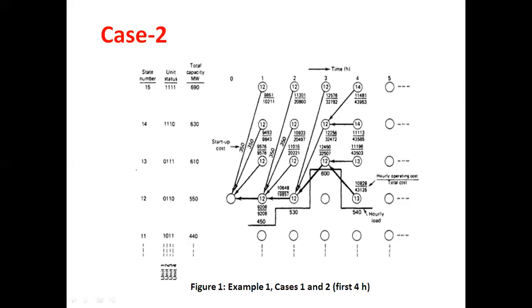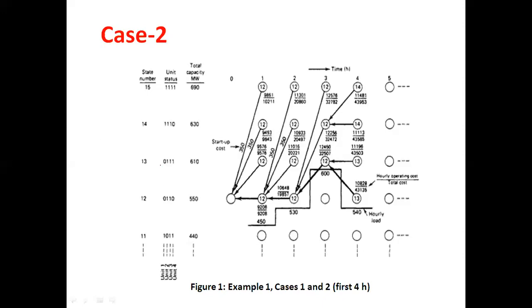For each state and for each hour, we calculate that cost, and for a particular hour, among those costs, we select the minimum. The calculation remains the same here.